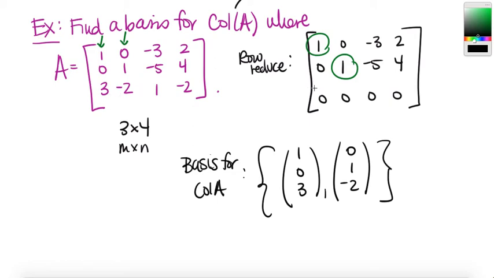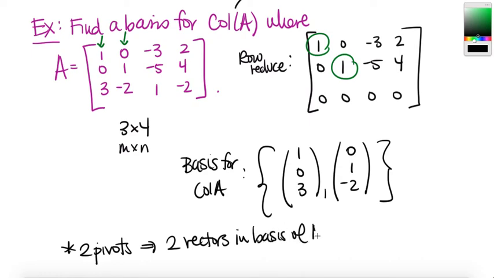So the row reduction does change the column space, but it does still tell you which ones are independent. And if you'll notice, we had 2 pivots, so there were 2 vectors in the basis of, whoops, not the null space, the column space.